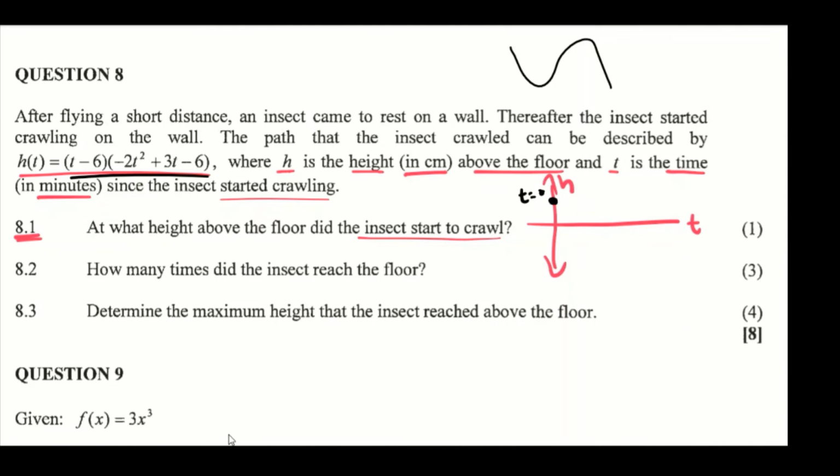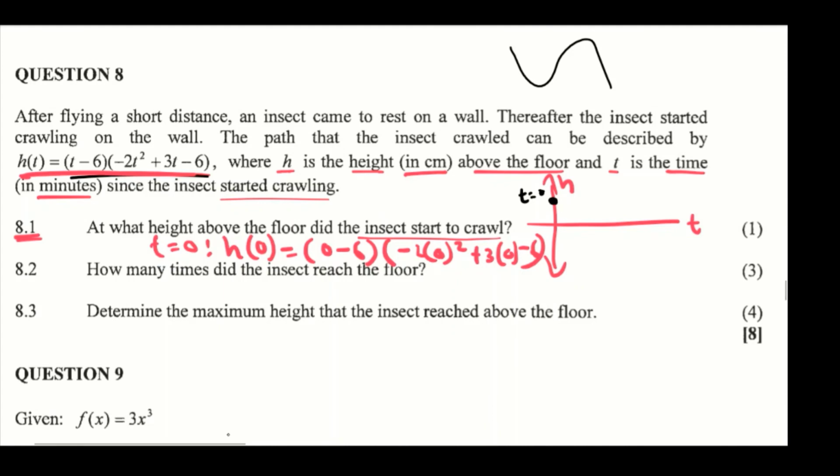Just to answer this question, it started crawling at t equals 0, so you're going to substitute h of 0 in this equation that you're given. Just put 0 where there's t, so it's 0 minus 6 and minus 2 into 0 squared plus 3 into 0 minus 6.